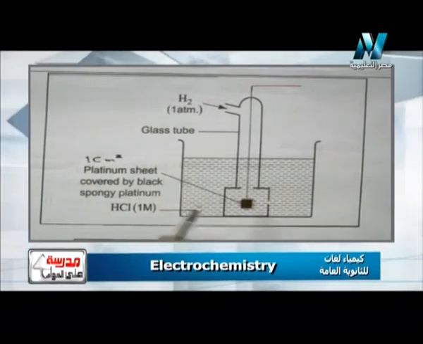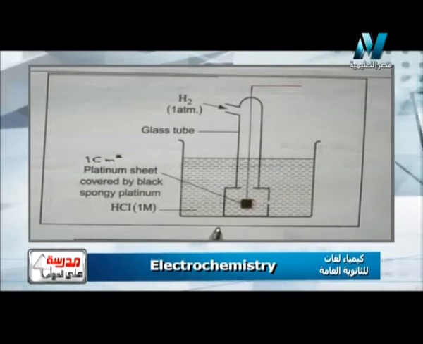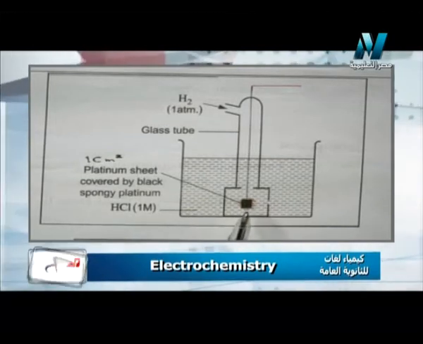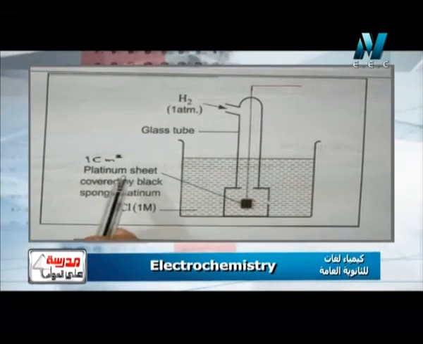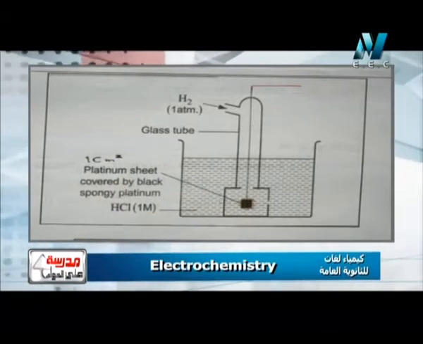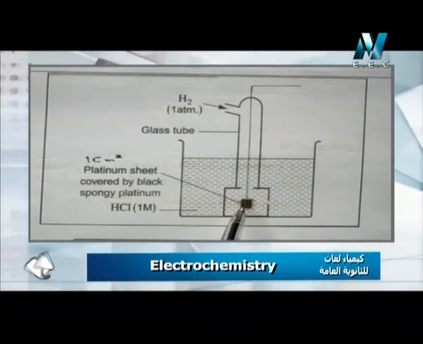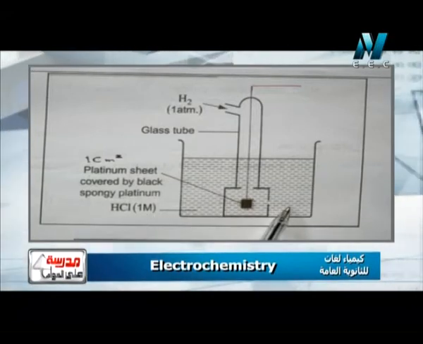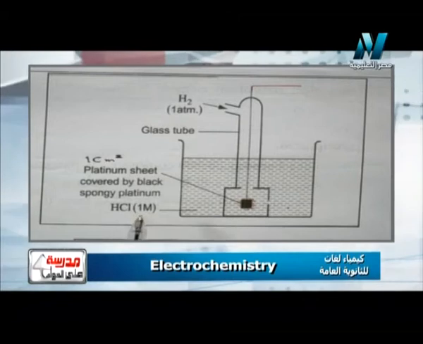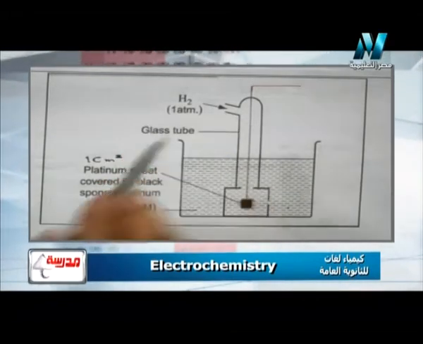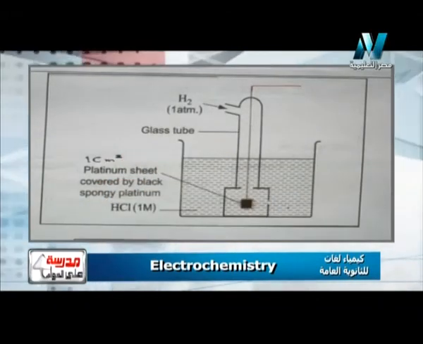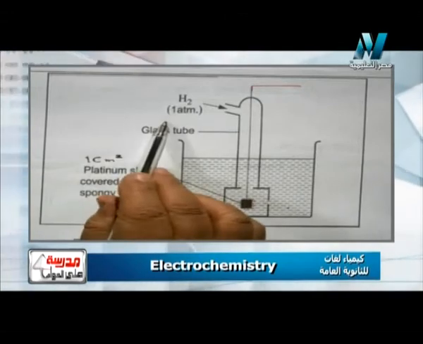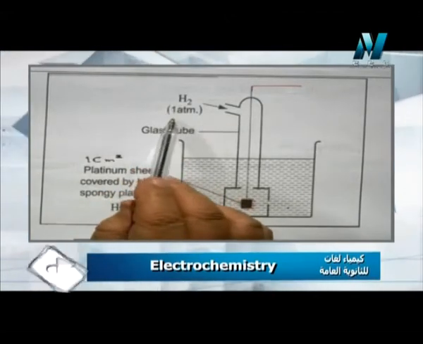So here are the two parts, the two terminals, of the hydrogen electrode: the platinum sheet which absorbs hydrogen gas, and the hydrogen ion, which is the acid. Take care, we get the hydrogen gas, and the pressure of the hydrogen gas must be 1 atmospheric pressure.